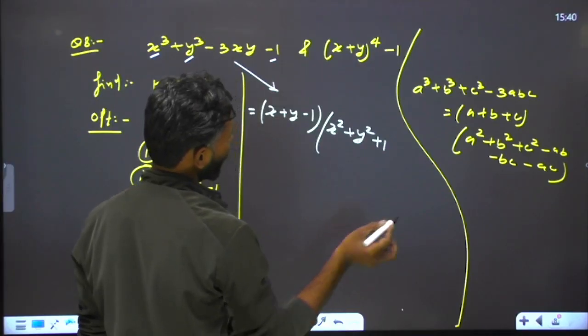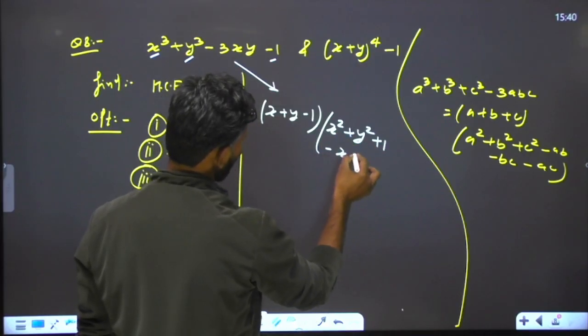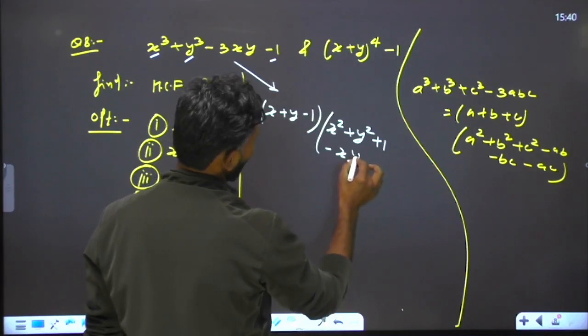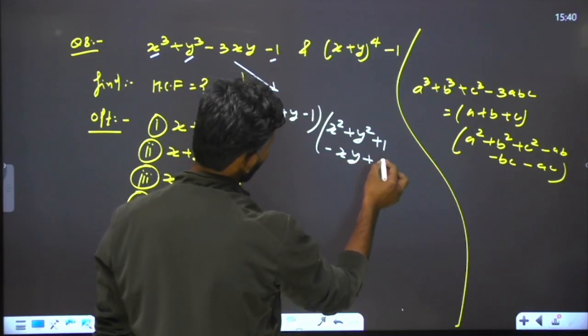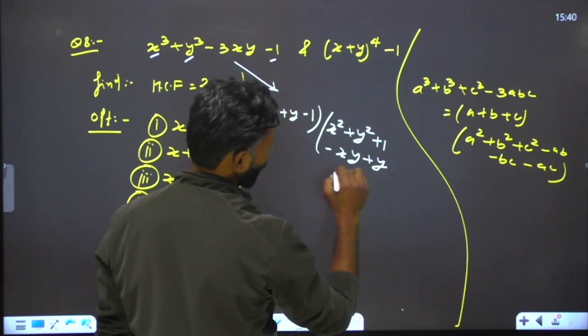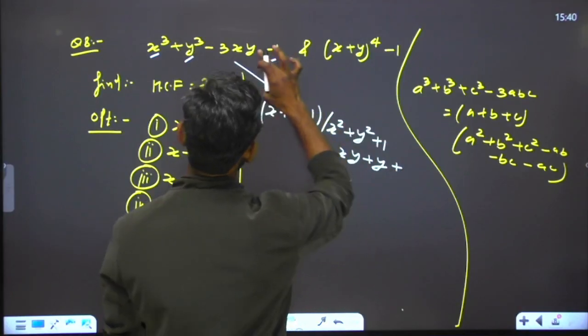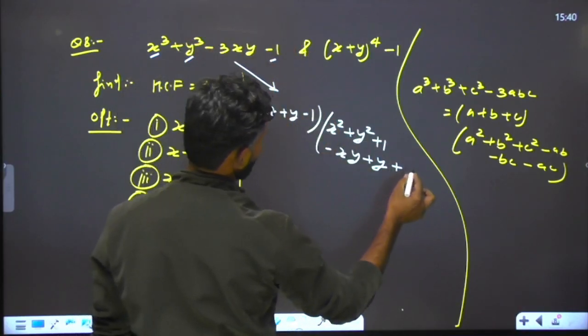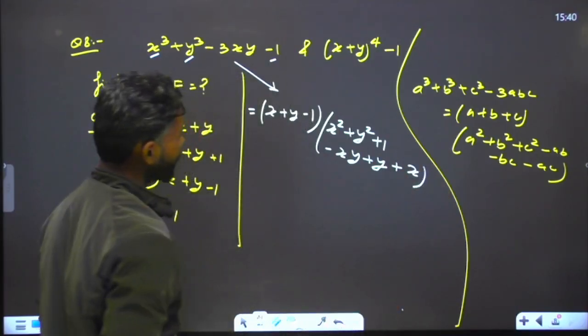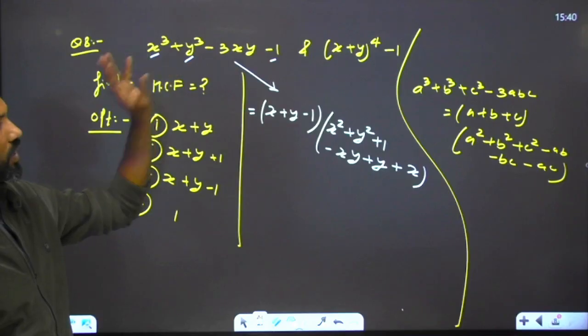Then ab, so minus xy, then bc, which is y into 1, means y, then ac, a into c, it will become x. This is the factorization of the first polynomial.